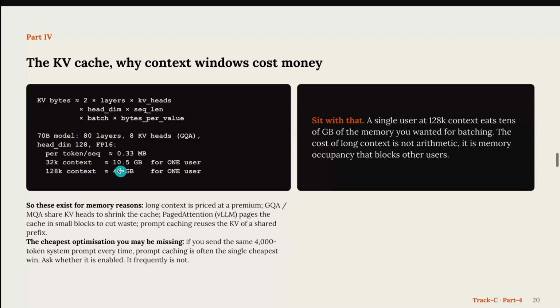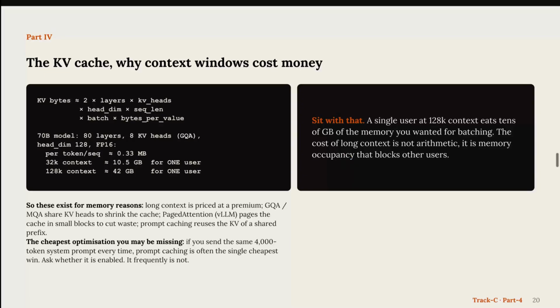So what are we trying to say? We are trying to say that a single user at 128k context eats tens of GBs of the memory we wanted for batching. The cost of long context is not arithmetic, it is memory occupancy that blocks those users.